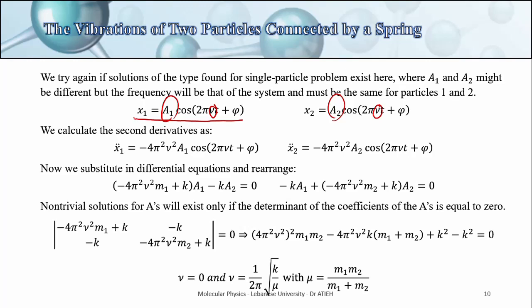So using these expressions for x1 and x2 and trying to put them in the previous differential equations that we have found using Lagrange equation, first we have to calculate the second derivatives. So I've done this before. Calculating the second derivatives will give us minus 4 pi squared nu squared a1 cosine (2 pi nu t plus phi).